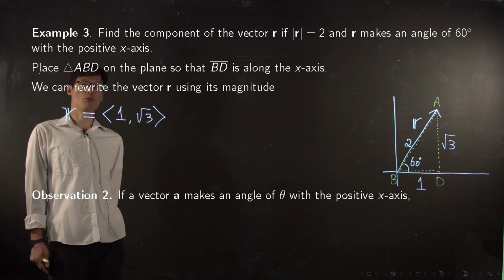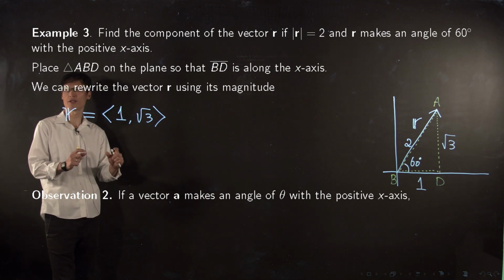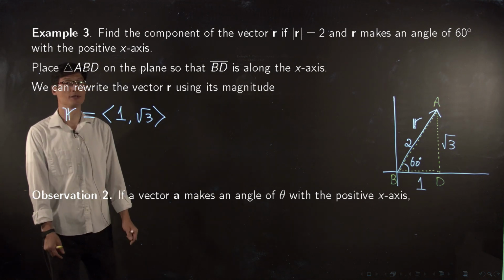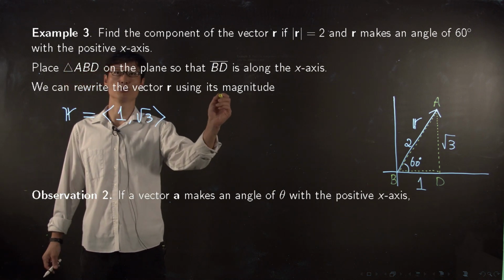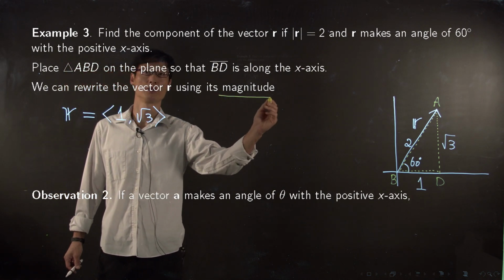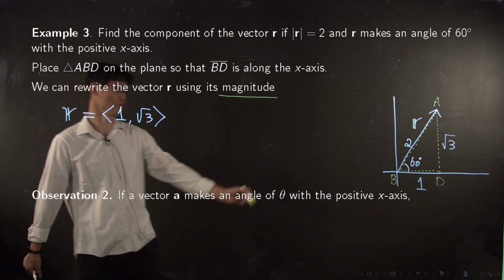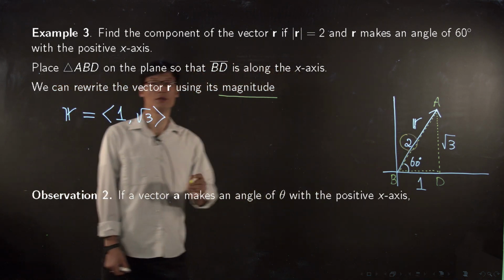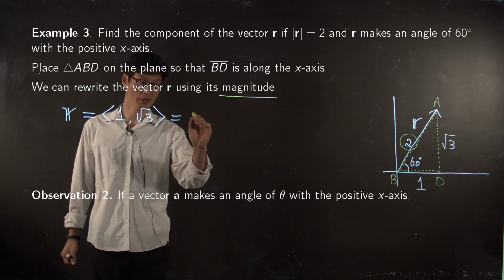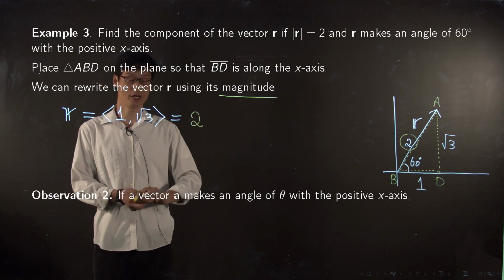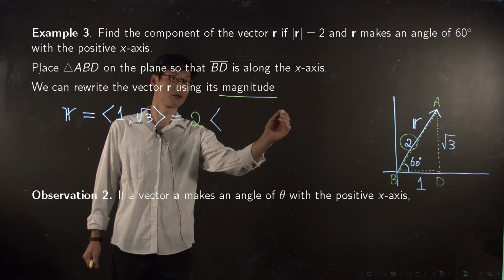Good. We need to push this further to make a nice observation. So the idea is to use the magnitude. The magnitude of this vector is 2. So you can rewrite it like this, 2 times something.